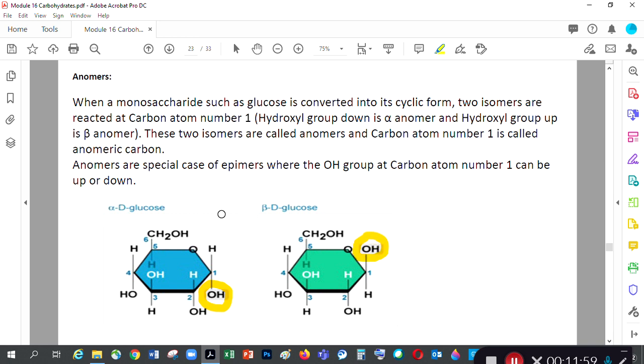And remember, this is still alpha-D-glucose. Why D-glucose? We said the last OH is here at the bottom, so at the bottom means at the right, correct? And this is the last OH when you write it in the non-cyclic Fischer structure.